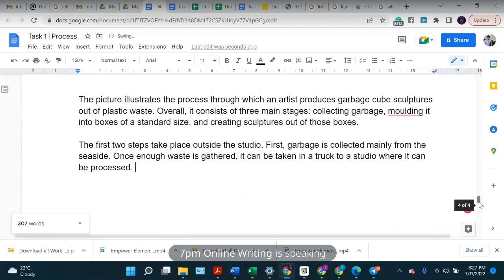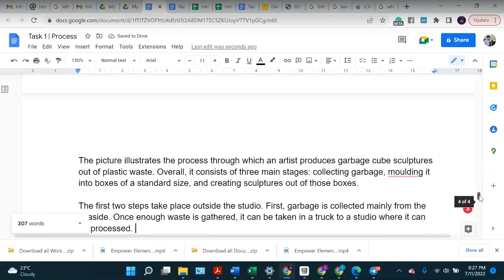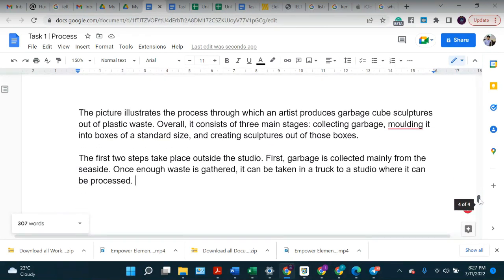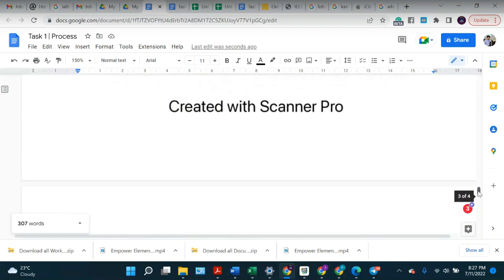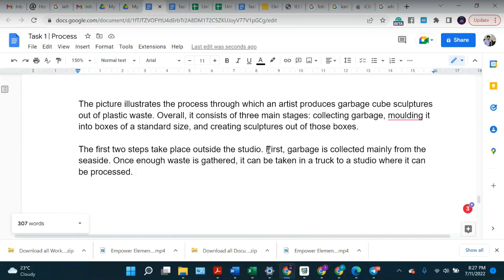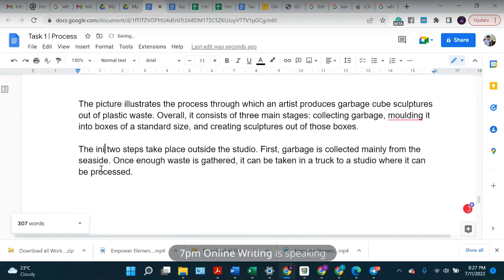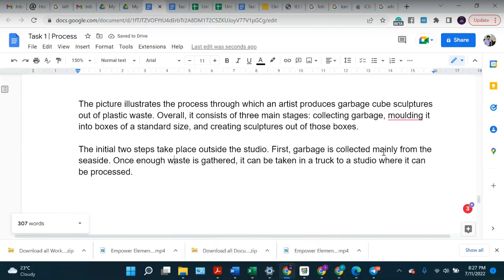And two things to mention here. You were talking about having two firsts, right? So I think the first could be like the initial two stages. And then we did not say anything about plastic.